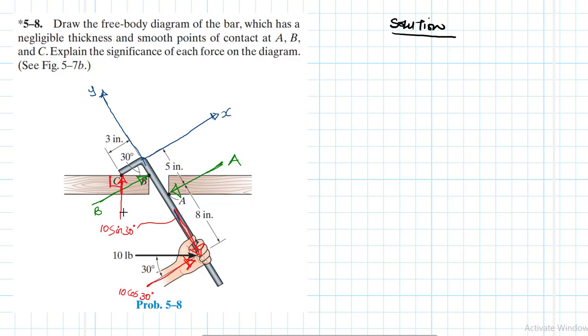So we'll call this one normal force C. So this is 10 sine 30, which is 5. I just want to remove it here so that we don't confuse it with this normal force because they are too close to each other. This one here is C. So we have all the forces.